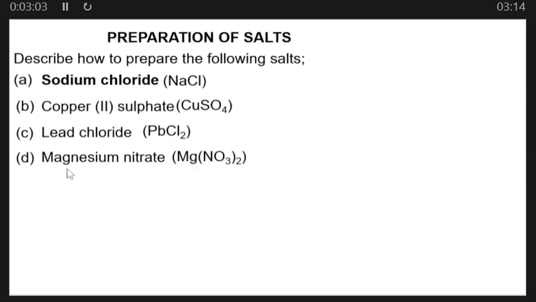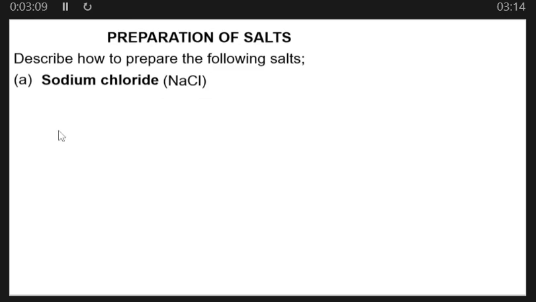So we'll start with the preparation of sodium chloride. We ask ourselves this question: is the salt soluble? This sodium chloride, is it soluble? Now remember, we said all salts of sodium are soluble. So we are going to say yes, it is soluble.